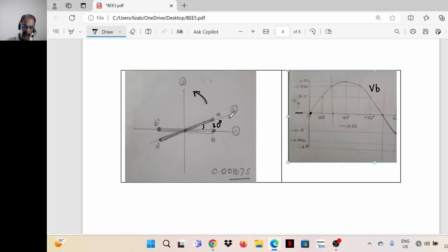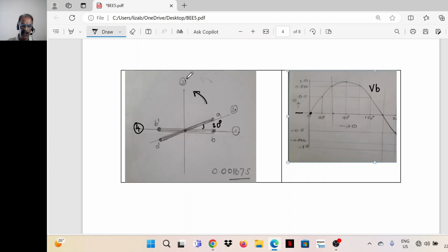In the direction of rotation, A reaches any position first. Here three positions are marked: 1, 2, 3. Let's take this position as 4. When the set of coils are rotating in the counterclockwise direction, coil A reaches any position first, then only coil B reaches that particular position.